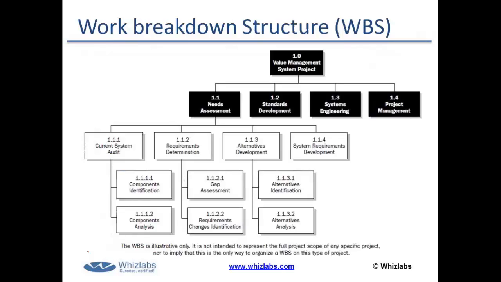Here, we have first broken down the project into one layer, and then we have broken it down up to several layers till the time we cannot break it down further. So the last layer, this one, is considered the work packages.